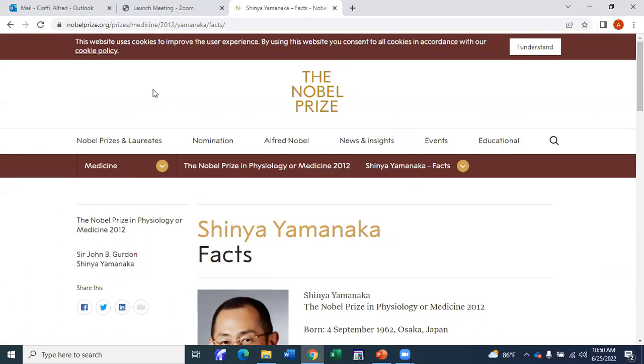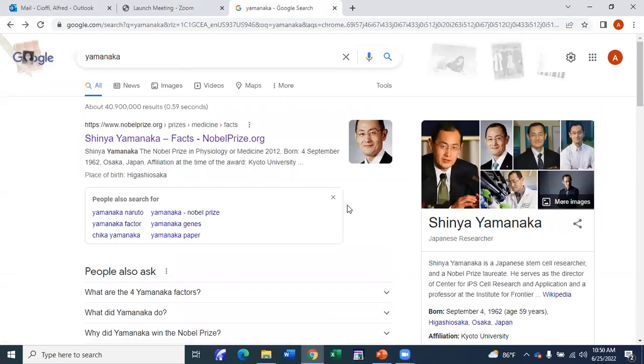And anyway, what happened here was this researcher was in one of the universities there in Japan. I forget if it was, what do you know, Osaka. Okay, it was in Osaka. At any rate, he was doing embryonic stem cell research, human embryonic stem cell research.